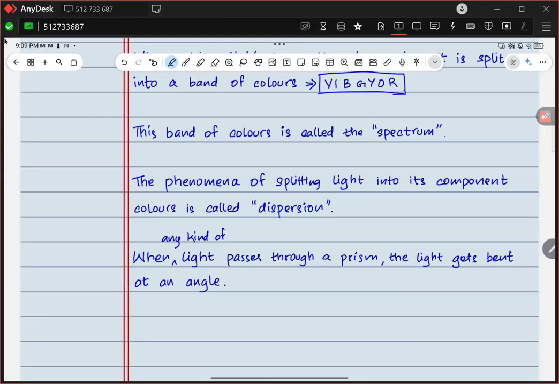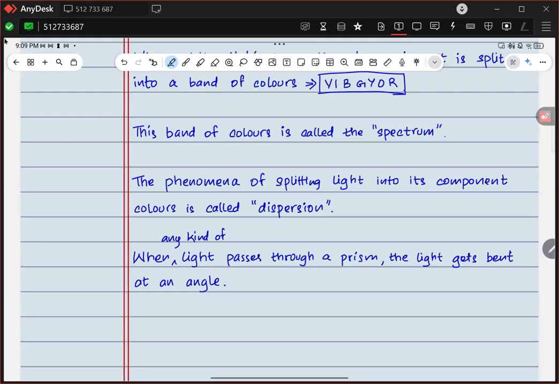So we know that when any kind of light passes through a prism, what happens?